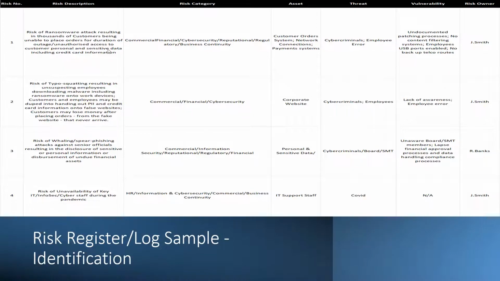It could also result in unauthorized access to customer personal and sensitive data, including credit card information. Now, I've taken a fictitious e-commerce company. That is their business. So what category of risk is this? Commercial risk, financial risk. It could impact the business commercially and financially.